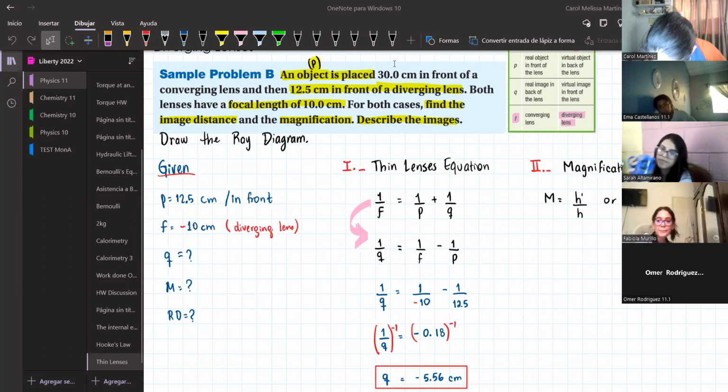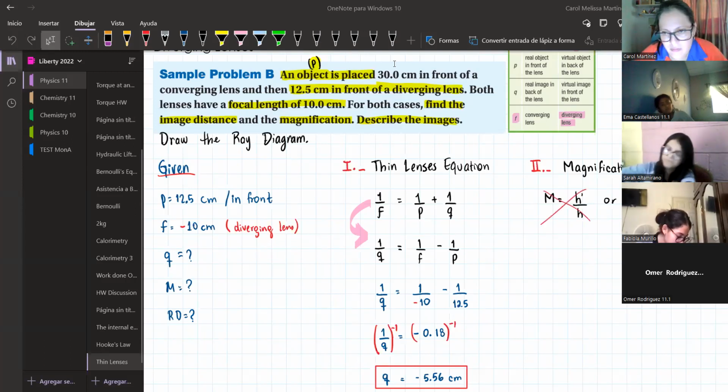Negative Q over P. That one is correct. This other one we use more graphically, or when the size of the object or the size of the image is given, okay? So we're going to be using the second for magnification. So magnification is equal to negative Q over P.